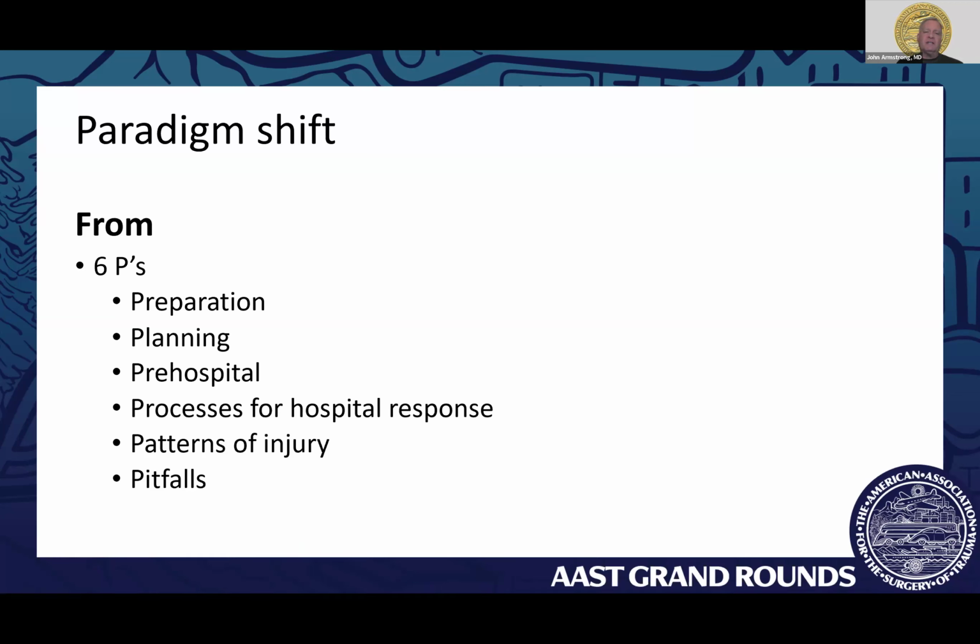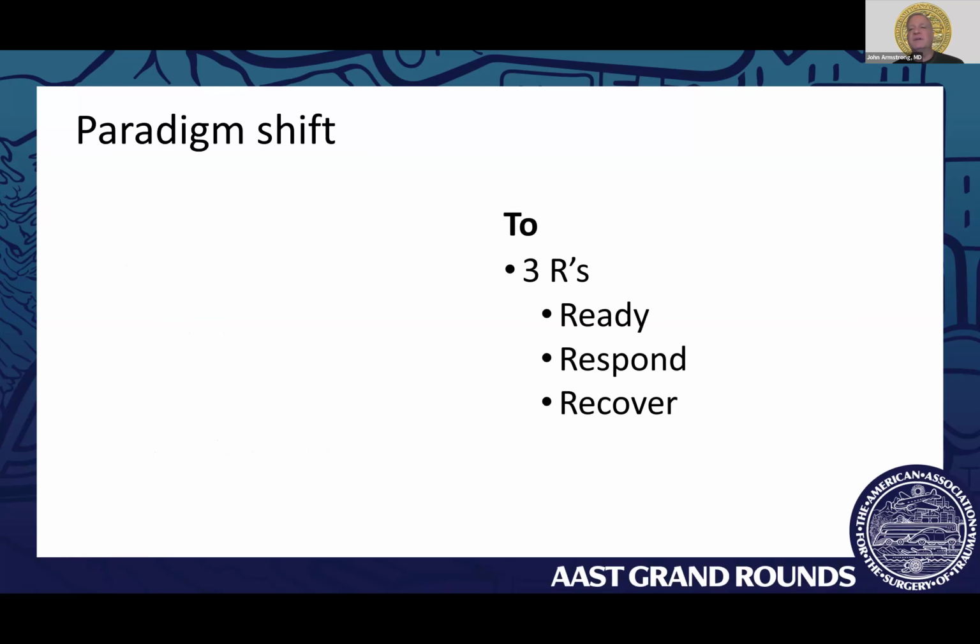Well, we have appreciated that simplicity can very much help retention of the material, and have shifted to the 3 Rs: ready, respond, and recover. This does follow a paradigm from our federal government, and you can appreciate that ready includes the first 2 Ps, preparation and planning; respond includes the next 2 Ps, namely pre-hospital and processes for hospital response.